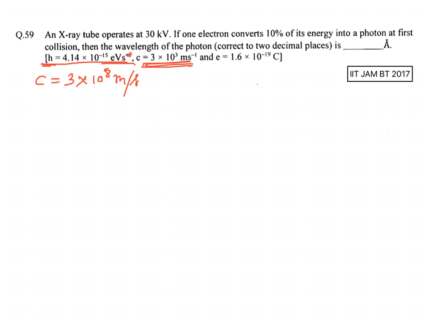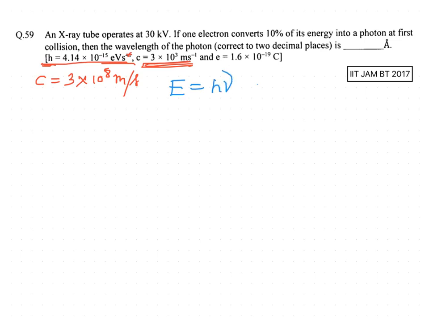Given is that the energy of the photon is 10% of the energy of one electron. What formula should we use to calculate the energy of the photon? I hope you all know that E equal to h nu, the quantization of energy.